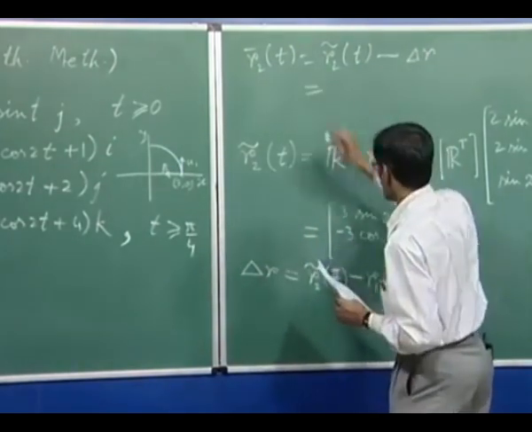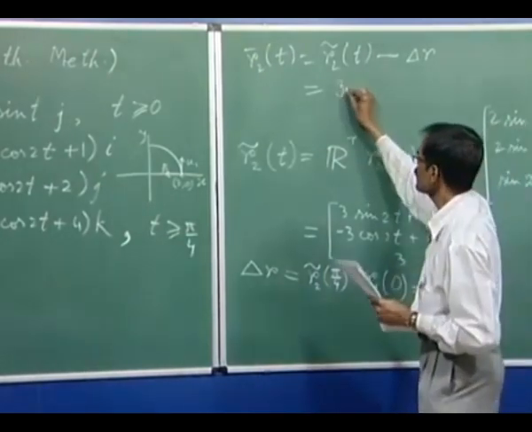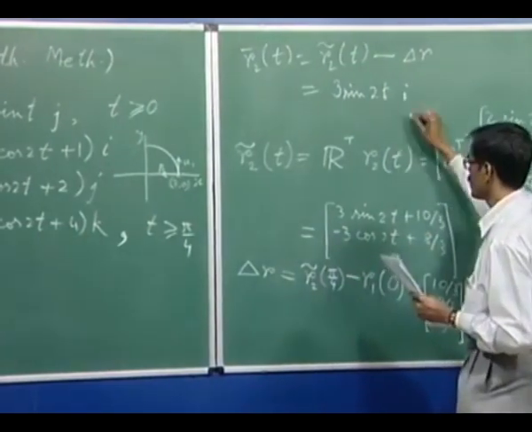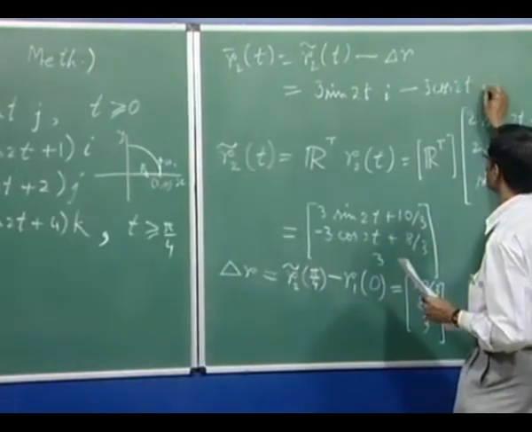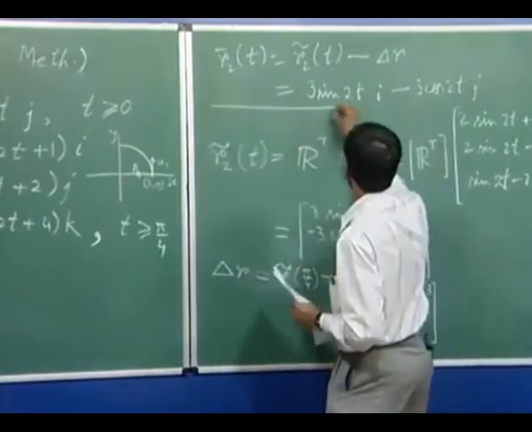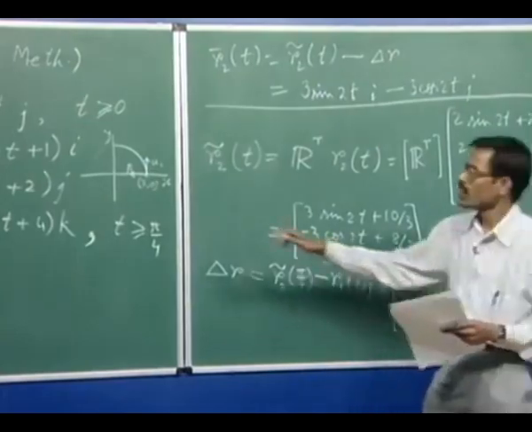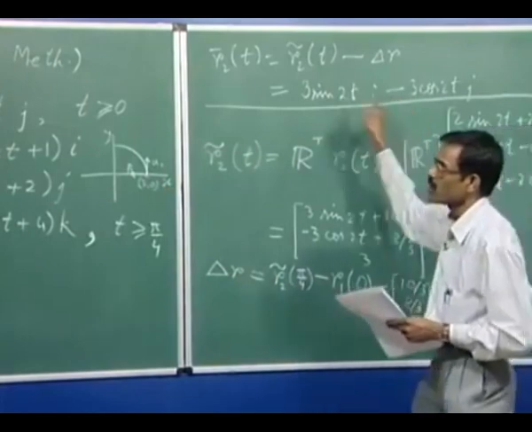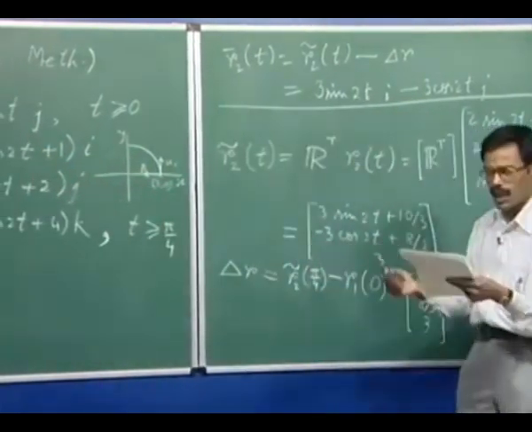So what we will find from here, if we subtract this, then we will get 3 sin 2t i minus 3 cos 2t j and 0 k. So now we find that this is also a circle in the xy plane, okay, starting from here, no question about all these. But still you find that the equation of this and the equation of this do not exactly match, because there is a change of the parameterization.